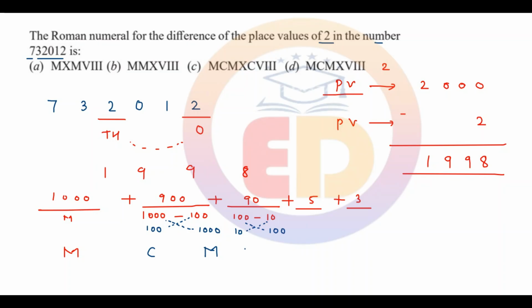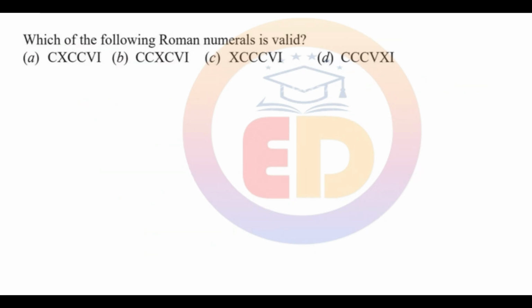So that will be X and C. 5 is simple, it is V. 3 is I, so 1 plus 1 plus 1, so that is I, I, I. Answer is option number C. M, C, M, X, C, V, I, I, I.